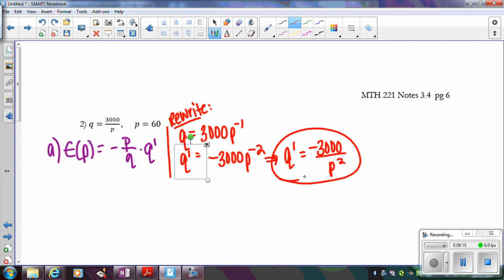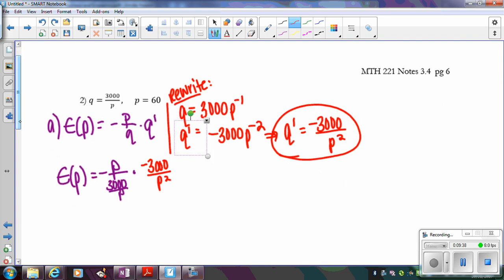That's what I'm going to plug into my formula. So over on this side, I have epsilon of P is negative P over Q, so 3,000 over P, times the derivative here, negative 3,000 over P squared. And now we've got to simplify this.